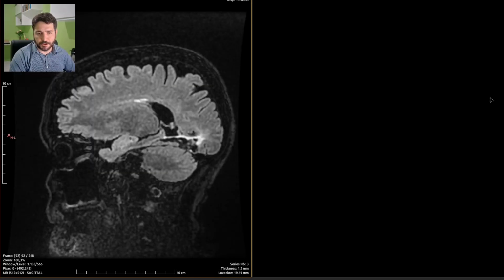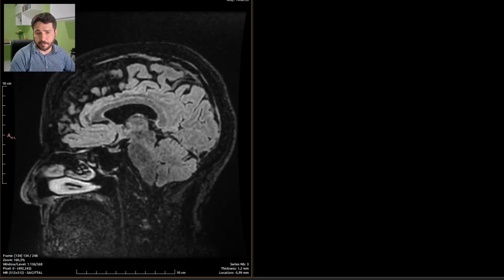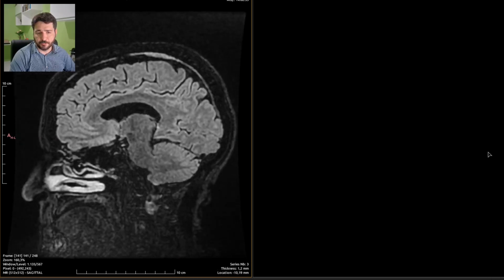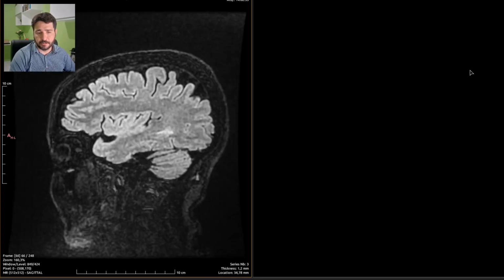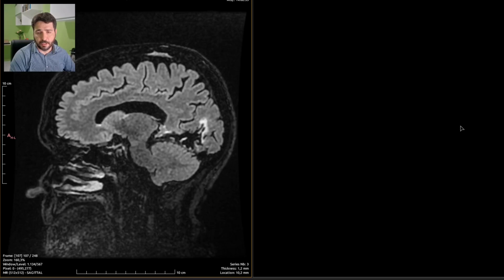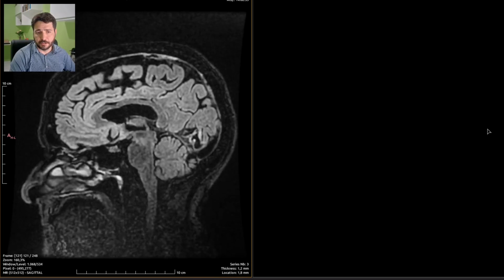This is a sagittal volumetric 3D FLAIR. FLAIR is a T2 weighted image that has an additional inversion recovery, IR pulse that saturates normal brain fluid, so ventricular and subarachnoid fluid is black.